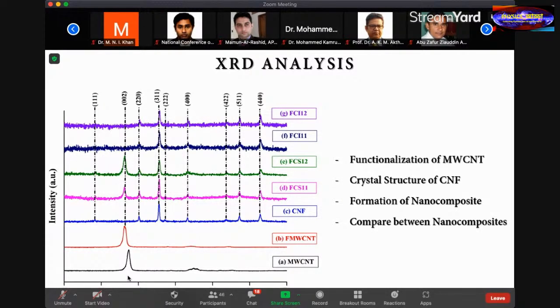On the other hand, no evident diffraction peaks of functionalized CNTs were observed for I composite, as we can see in figures F and J. This may be attributed to the strong interfacial bonding between the ferrite nanoparticles and the functionalized nanotube, because ferrite nanoparticles have grown on the surface of the functionalized nanotube.